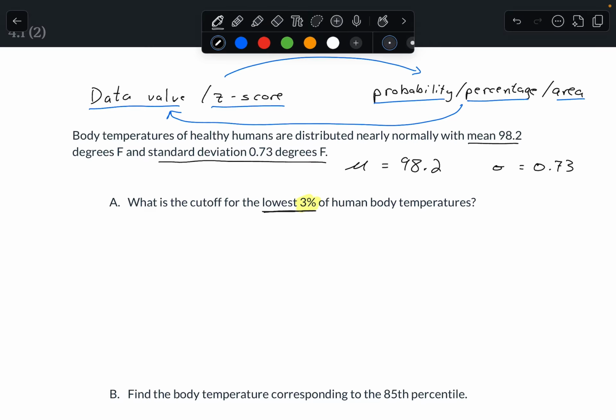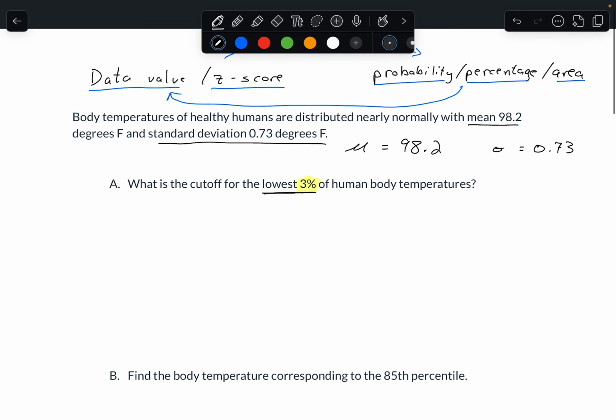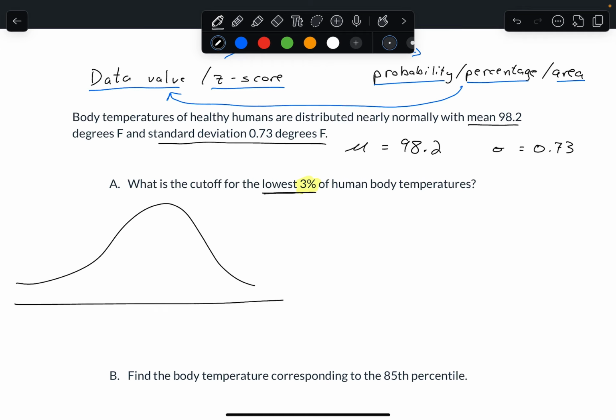Just like we've done in all of our other problems, I think it's really helpful to draw out a picture for what it is that we're thinking about. So that lowest 3%, on my normal distribution, it looks something like this. My mean is 98.2. It lives somewhere here in the middle. So first thing I need to decide is where is this data value going to live?